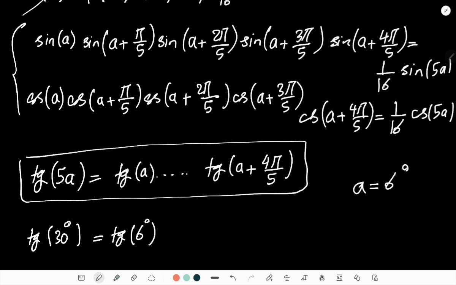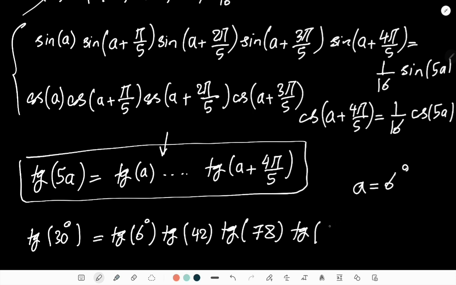And by the way, here on the second part, we have a plus pi over 5, which is 36. So then I have tangent of 42, and then I have tangent of 2 times 36 plus 6, which is basically 78, and then tangent of 3 times 36 plus 6, which is basically 114, and then tangent of 4 times 36 is 144 plus 6 is 150 degrees.